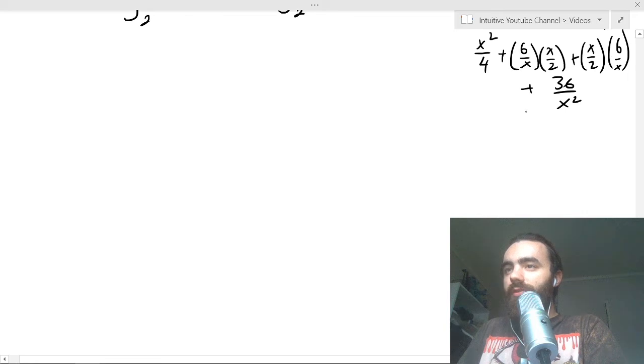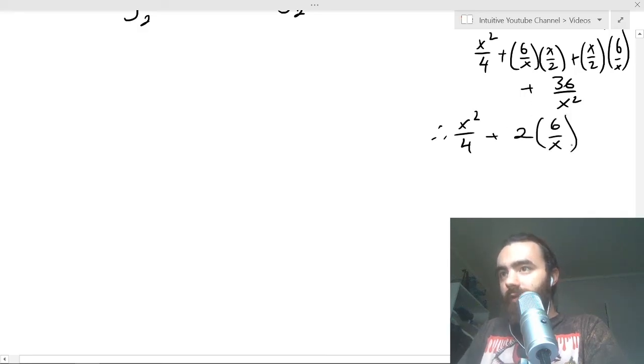It gives us 2 lots of these. So therefore we get x squared over 4, plus 2 lots of 6 over x over 2. So that'll cancel with that, that'll cancel with that. So this is just 6 plus 36 over x squared.